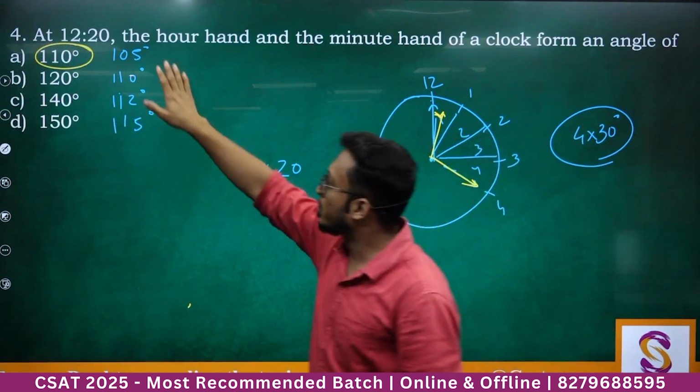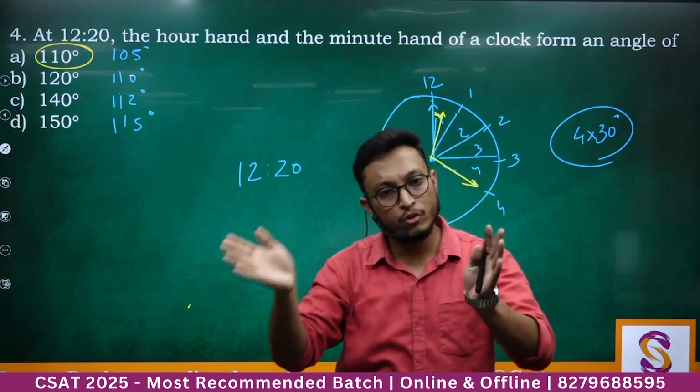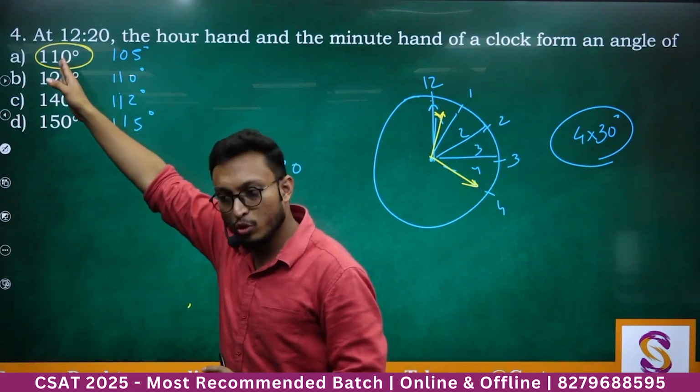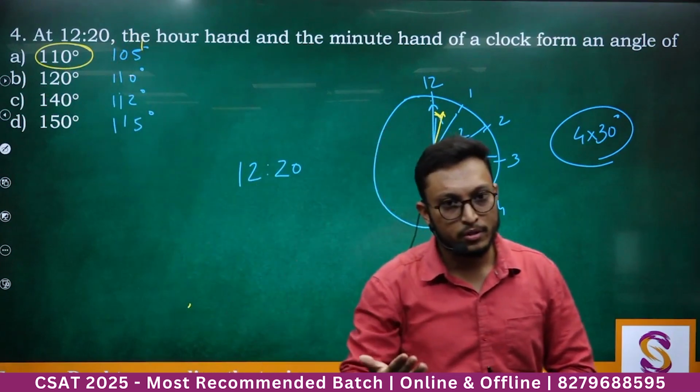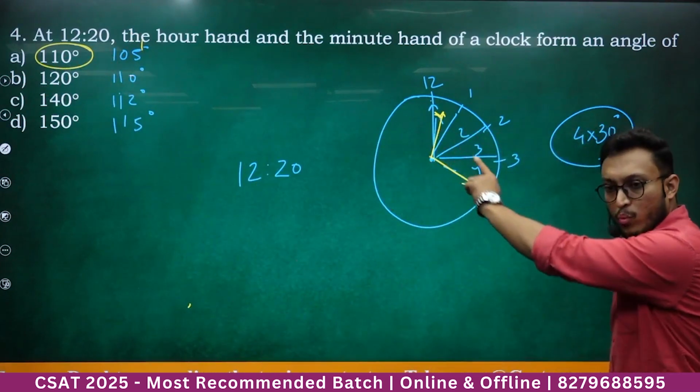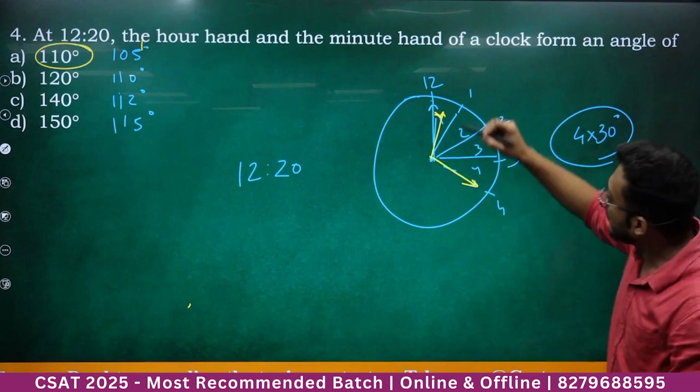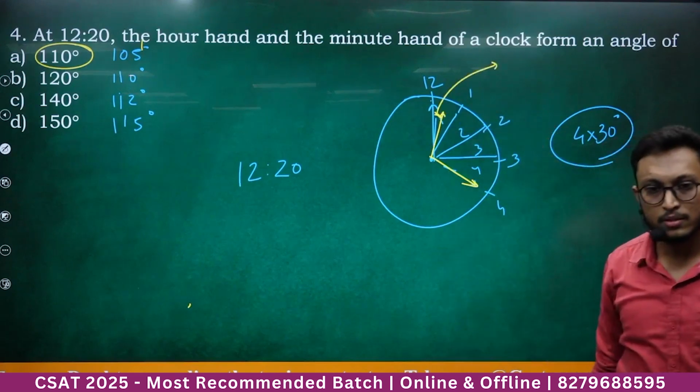So you can directly mark 110. You don't need to calculate in exam conditions. But what if the options are like this? See, we are preparing for both. ऐसे option आ गए तो you don't need to calculate. But what if options are like this? So how to calculate? The angle is 120 right now initially, but थोड़ा सा कम हो गया है. कितना?